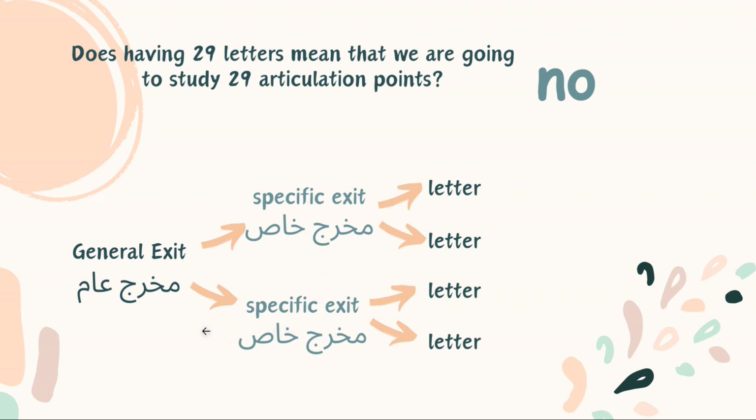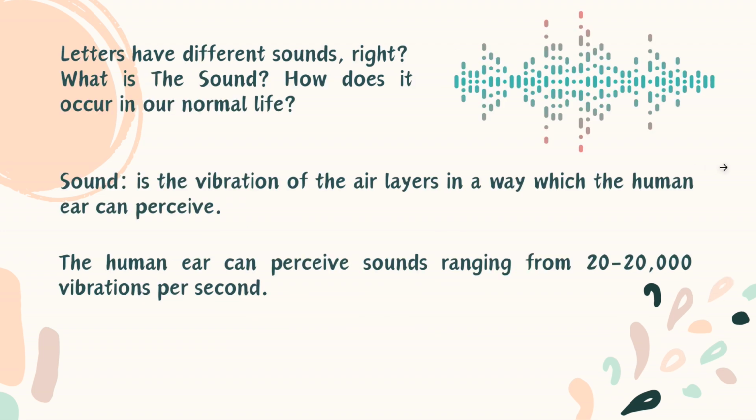And all of them gather in one general exit. If we say the lips, there are several letters that exit from the lips, like the letter waw, fa, for example. Okay, we're going to take them in detail, as I said. So the lips is one general exit, and each letter has its own specific exit.